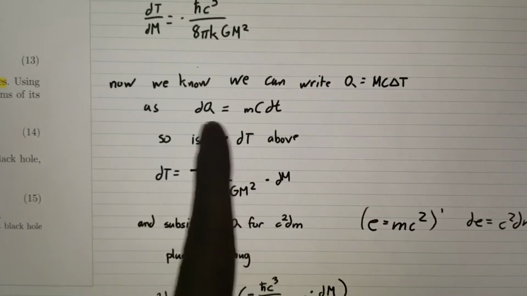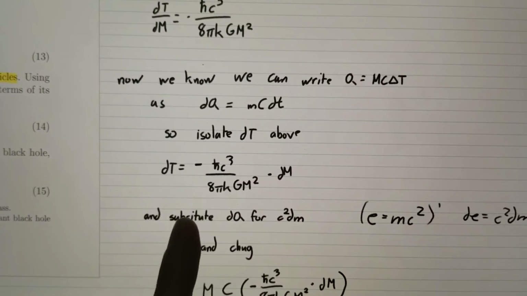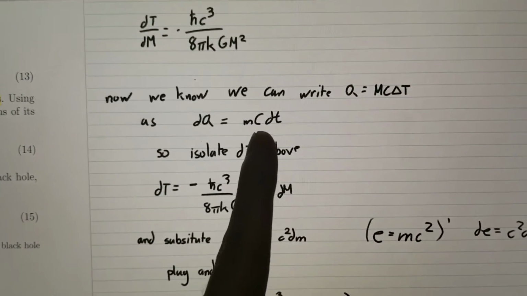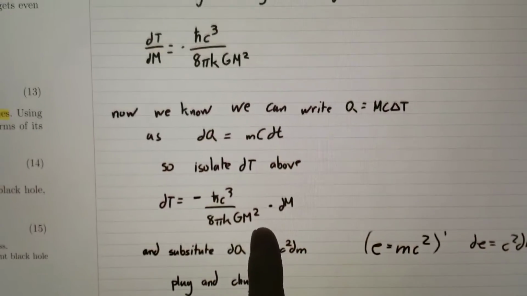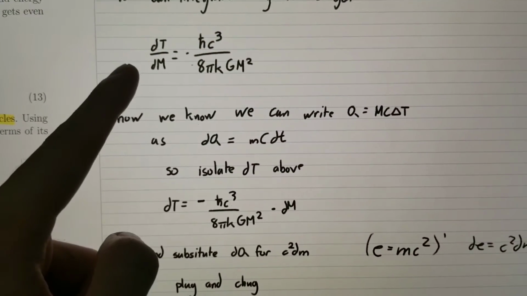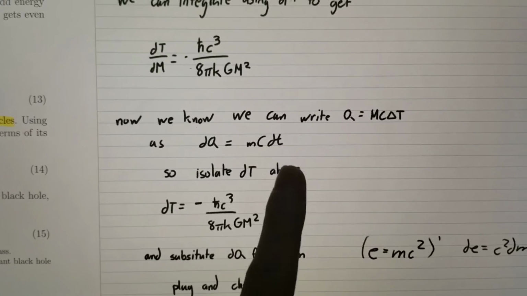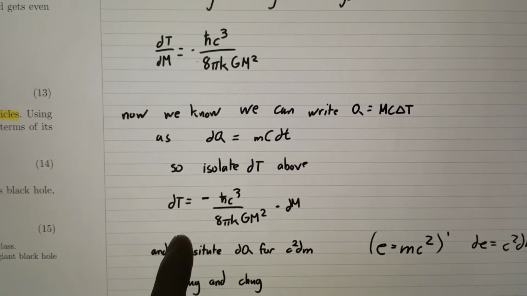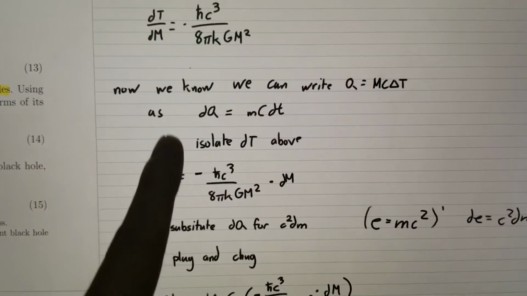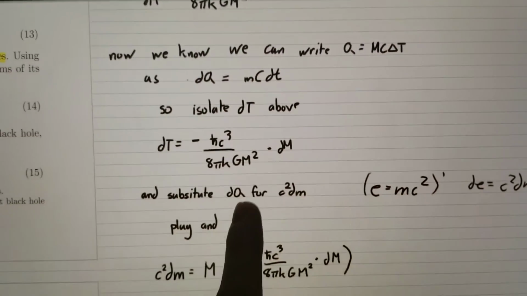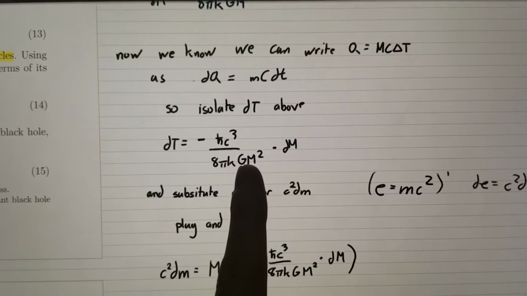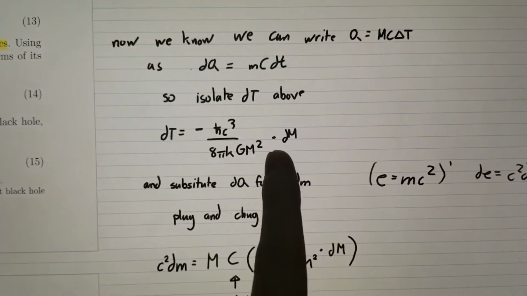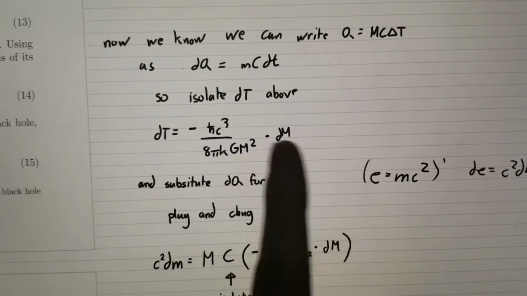Using this as our foundation, we start plugging in these values one at a time in order to find this c value. So we're trying to replace this dT with this dT right here. Once we isolate out the dT, we find it's equal to negative hc cubed over 8 pi k G m squared, no, that's not minus, that's a dot, so multiplied by dm.